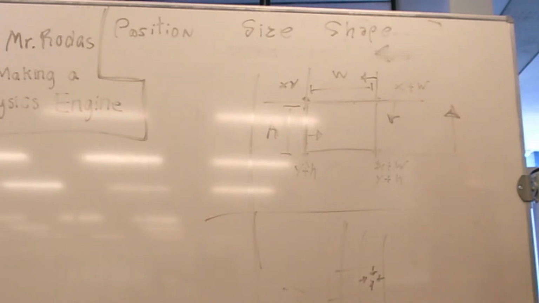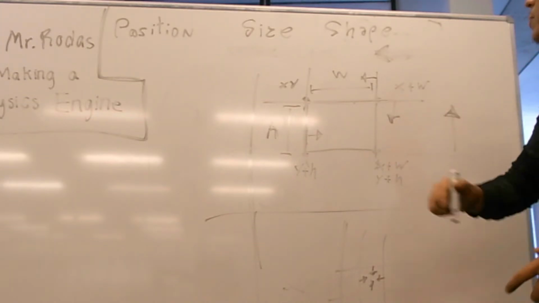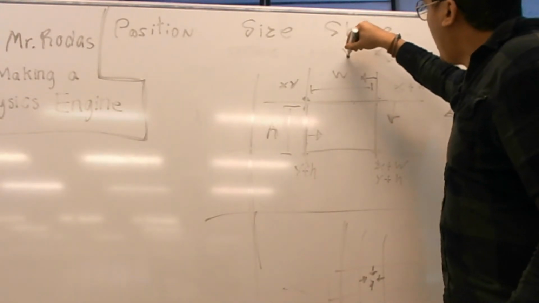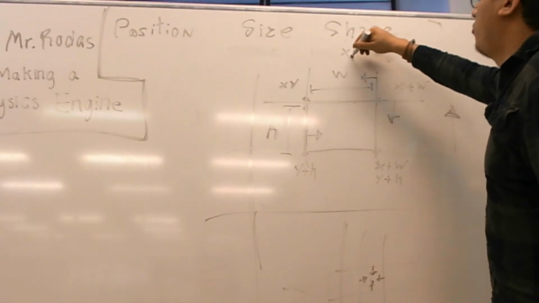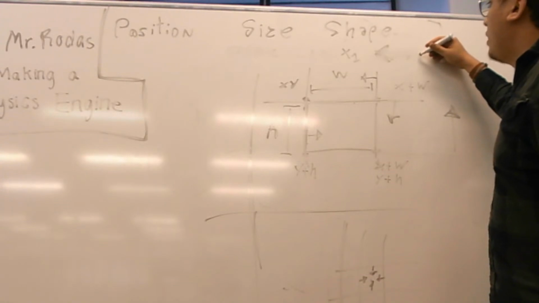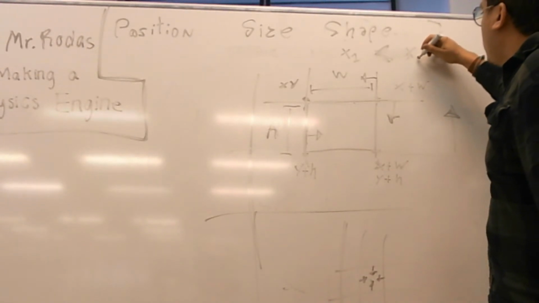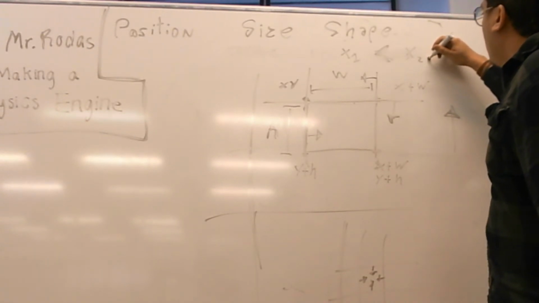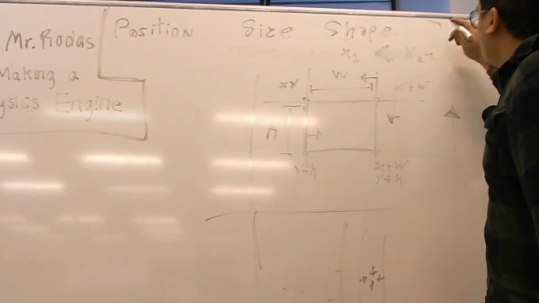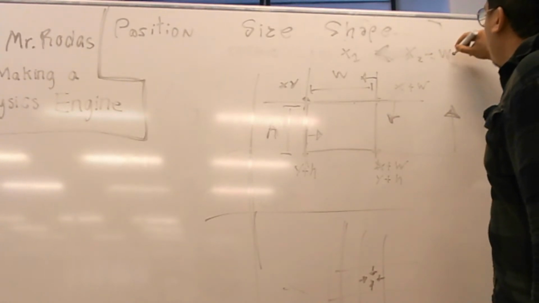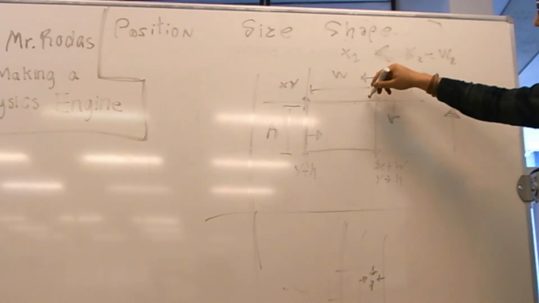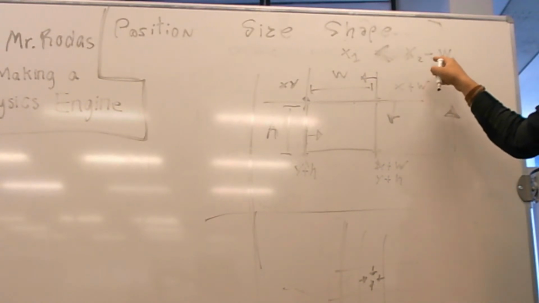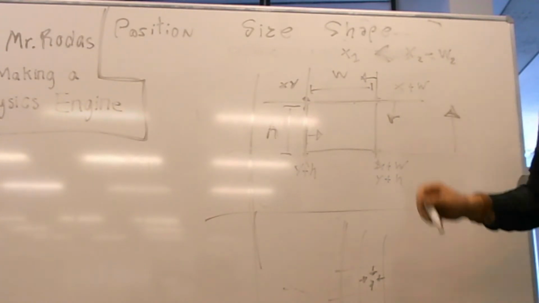Let's say the first one would be x1 is smaller than x2 minus w2. So that's the width 2. So basically you are infringing in the space of x1 with the value of x2.